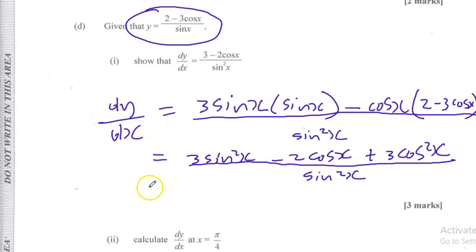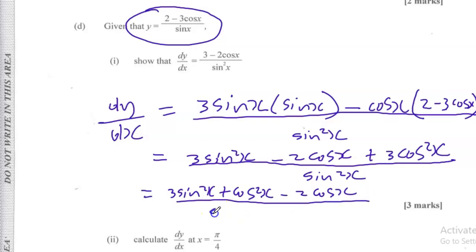Let's continue. So notice we have 3 sin square and 3 cos square. Alright, so we're going to put the sin square and the cos square together. So we have 3 sin square x plus 3 cos square x minus 2 cos x over sin square x.